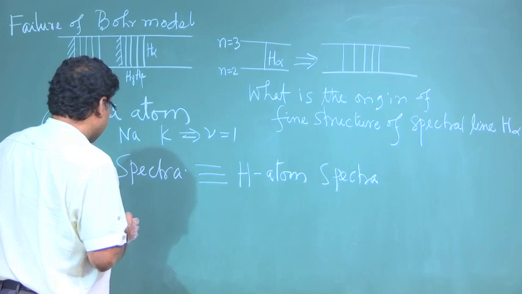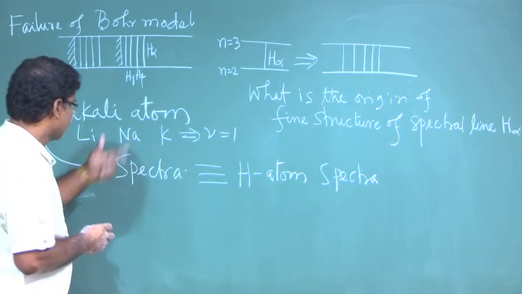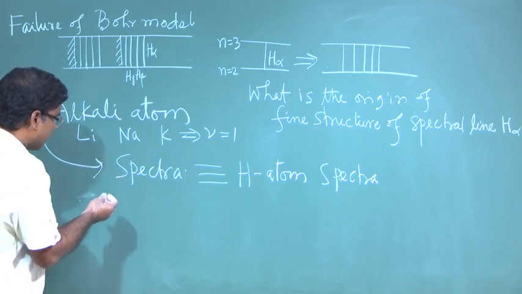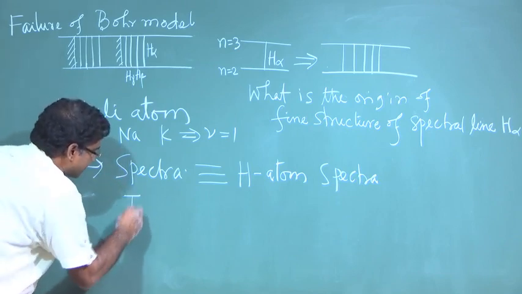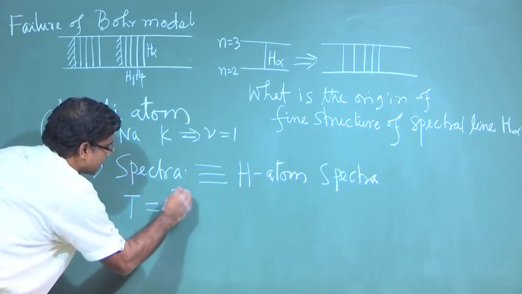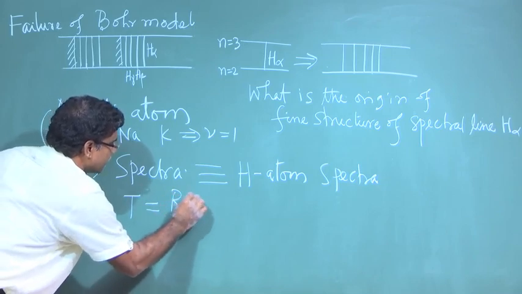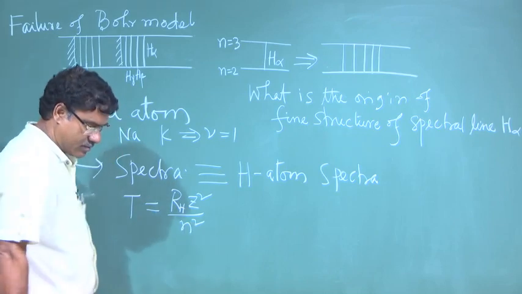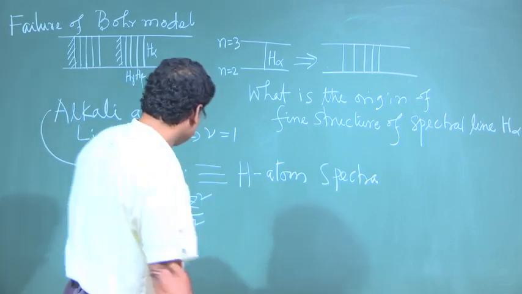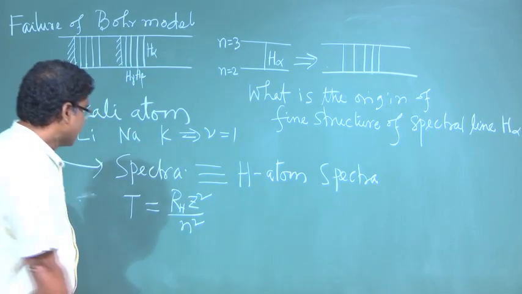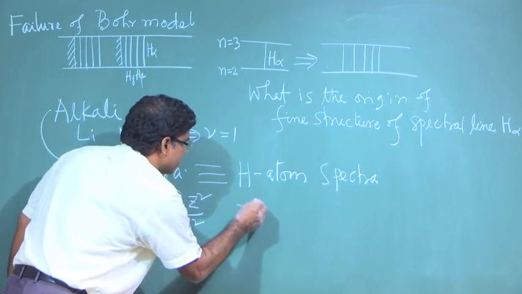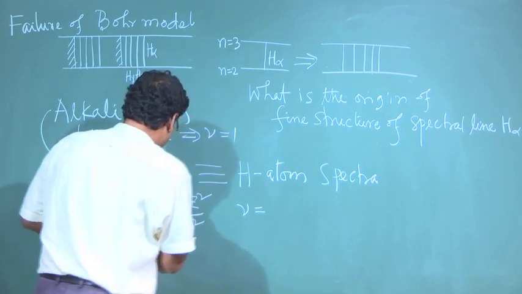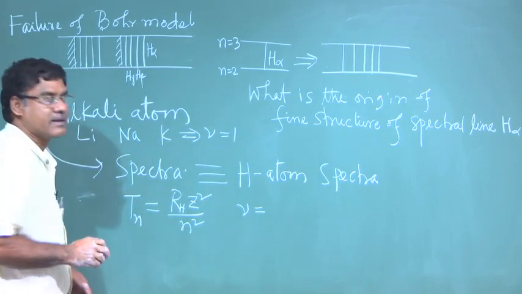Because here in case of alkali atomic spectra, as I told, the term value we write is R H Z square by n square, right. And the spectral lines, basically nu, equal to the difference between two term values. This is T n, generally we write T n.